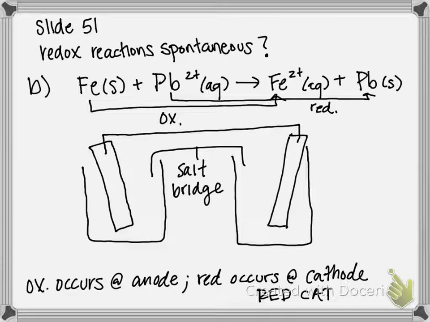So, our oxidation half reaction is iron solid going to iron 2+. So my electrode, which is that solid strip I have drawn here, is going to consist of my iron solid, because it is a solid and it's a metal that conducts electricity. And in solution, we'll draw a little line for indicating solution, and these are standard conditions, so we'll say 1 molar iron 2+ solution.